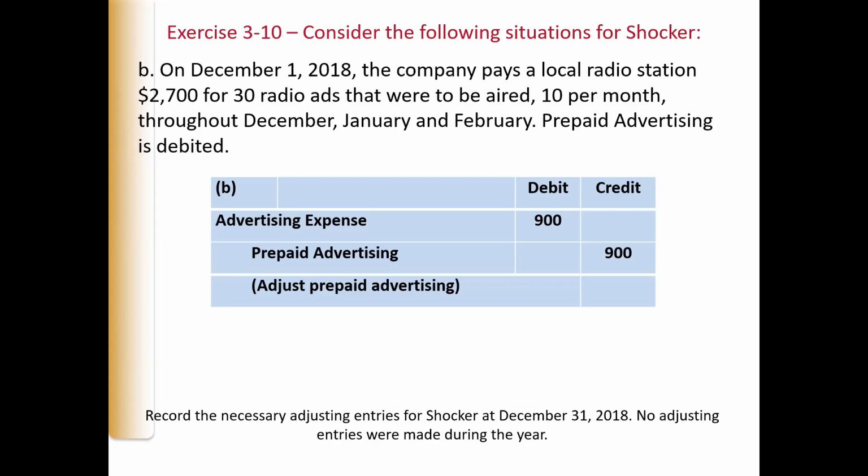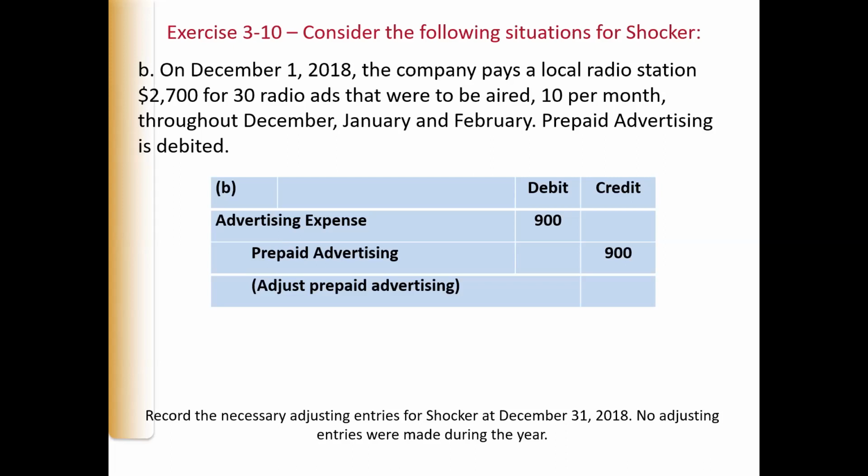So 10 of the radio ads out of the 30 we paid for happened. So we're going to take a third of that prepaid advertising, and now it's advertising expense. It's no longer a prepaid asset.